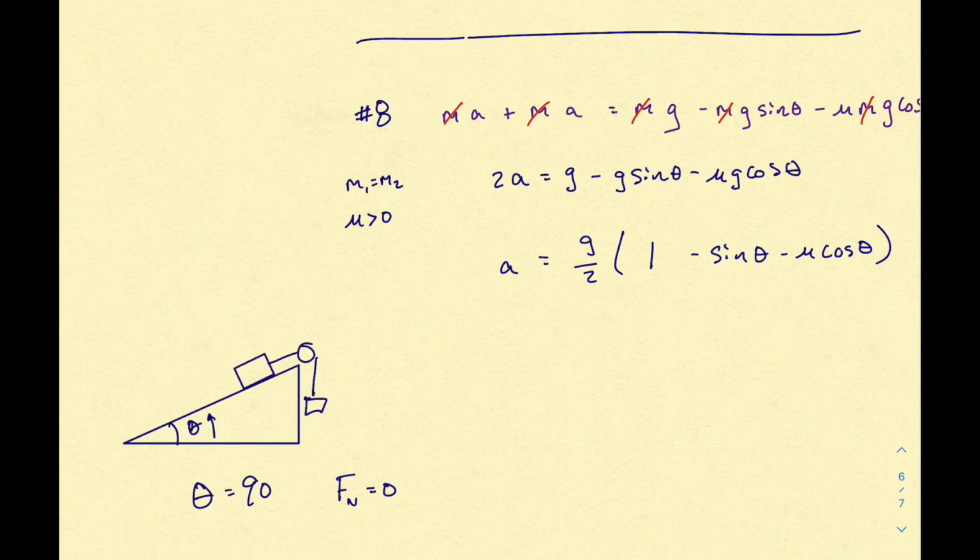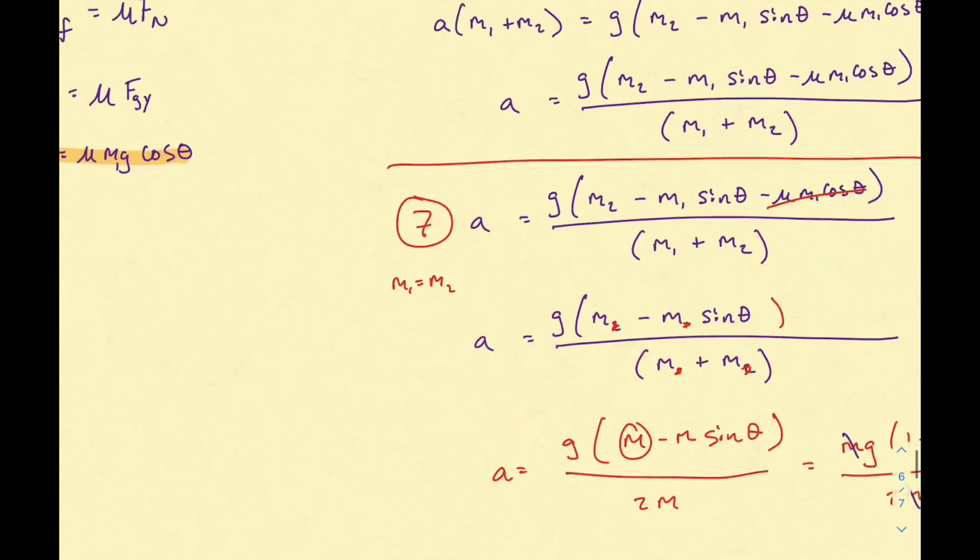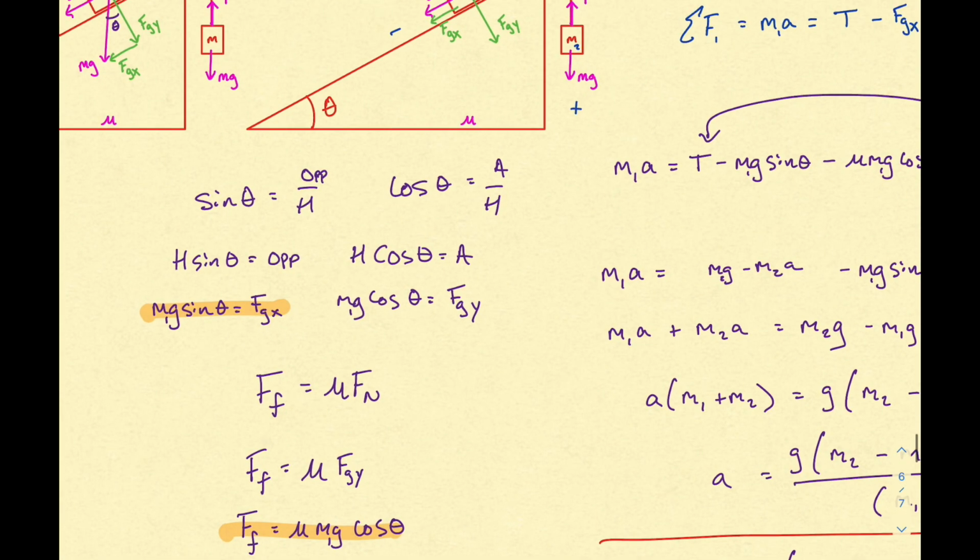Because when we look at these components, looking back at this trig up here, the cosine of 90 degrees is equal to 0, which means our FGY is equal to 0, which means that our force of friction should also be equal to 0. We also know that when we approach 90 degrees, the sine of 90 is 1, which means we would expect our FGX to be equal just to mg. mg sine 90 would just be mg times 1, so mg.